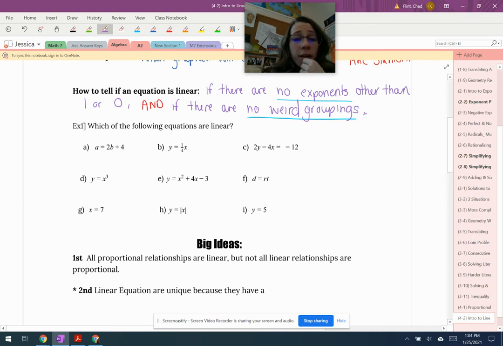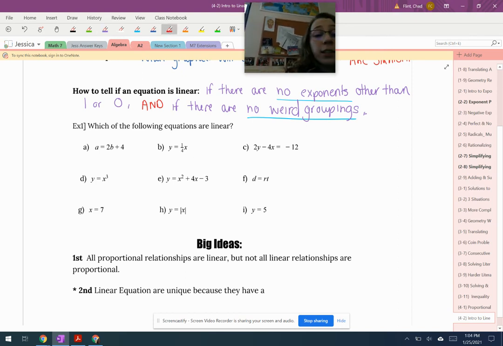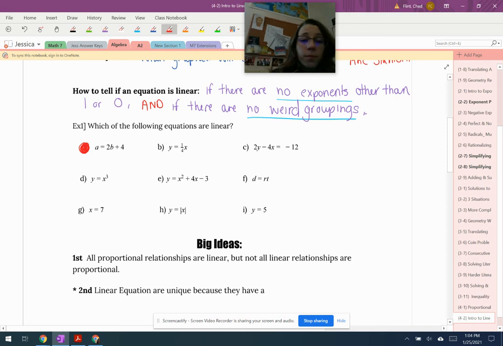So looking at choice A, there are no exponents other than 1 or 0, and there are no weird groupings there at all. So that leads me to believe that choice A is linear. B, again, no exponents, no weird groupings, so B must be linear as well. C, no exponents, no weird groupings, also linear.